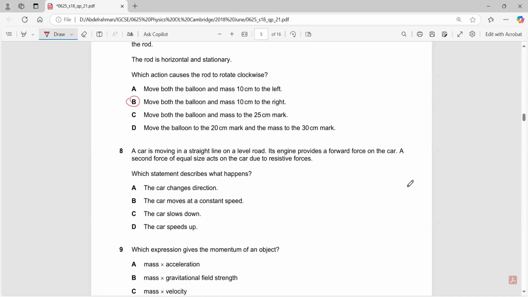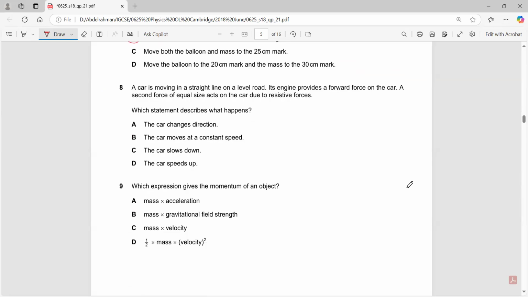Question 8. A car is moving in a straight line on a level road. Its engine provides a forward force on the car. A second force of equal size acts on the car due to resistive forces. Which statement describes what happens if you have a forward driving force and a backward resisting force, and they're both of equal size?